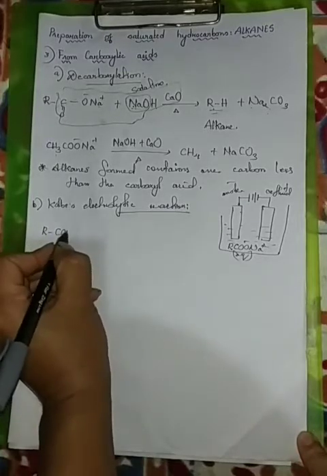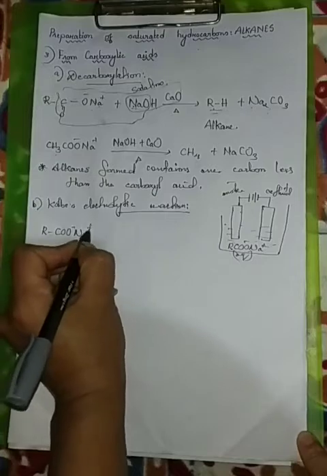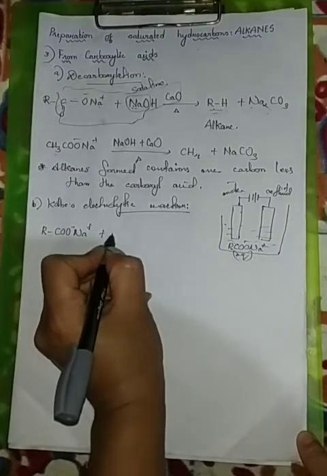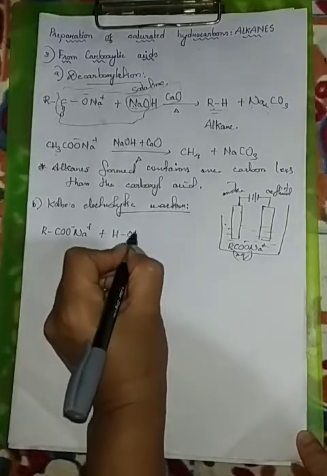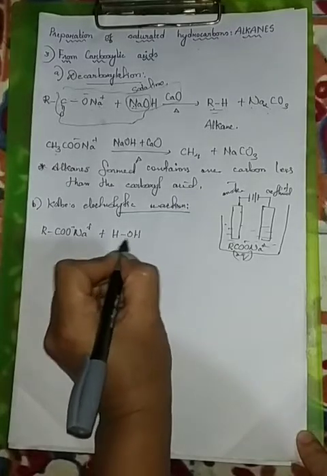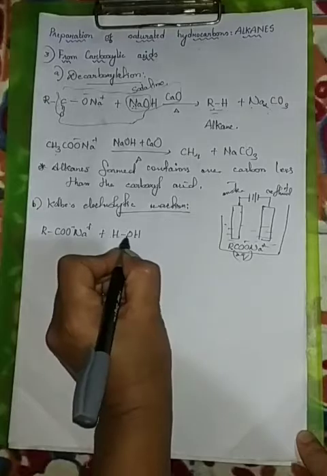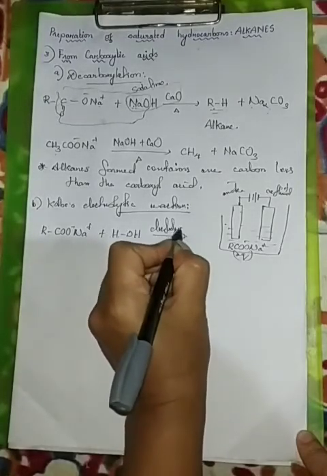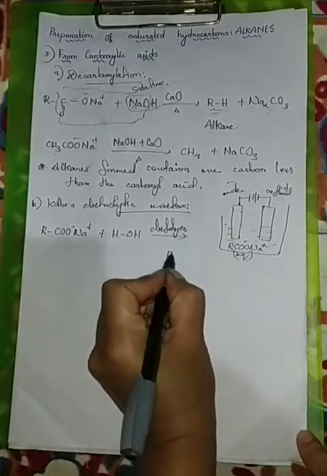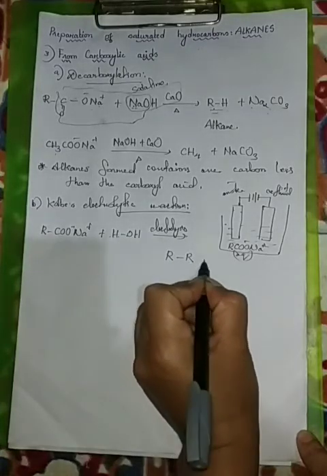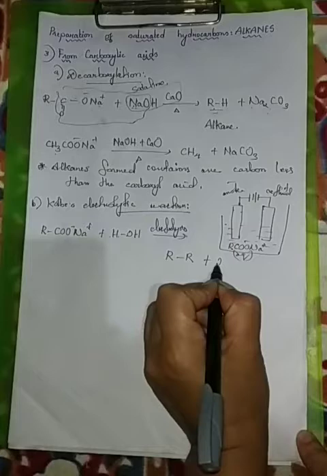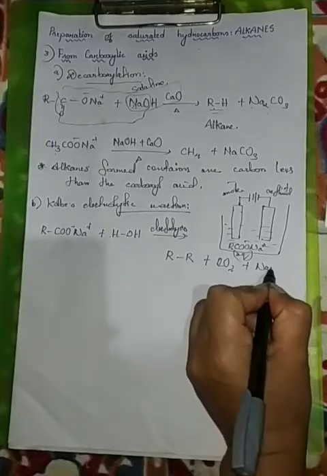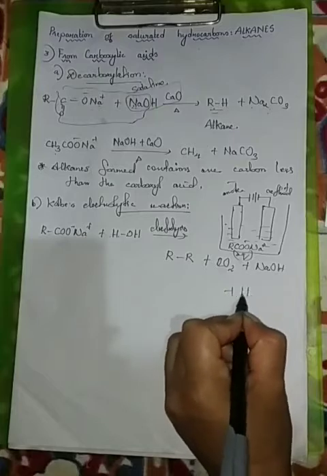RCOO minus Na plus reacts with water, which can be written as HOH, H2O. On electrolysis, that is when electric current is passed, we get our alkane with the removal of CO2, and then NaOH, and hydrogen gas is released.